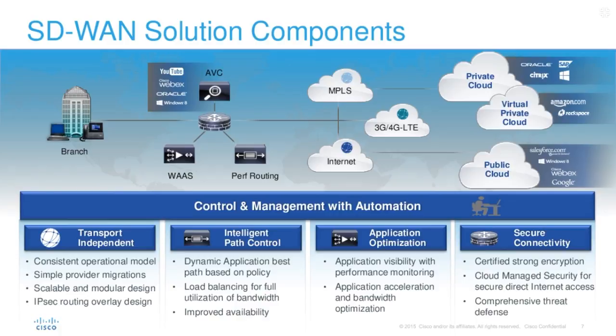We've got application optimization, this third major area here. And this is mainly having visibility into the applications, with also the ability to do performance monitoring over these paths. So there are always probes going out over these different transports that are measuring how well these connections are doing and how well they can transport things like voice and video.